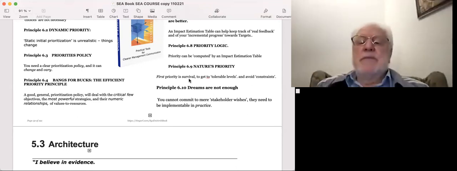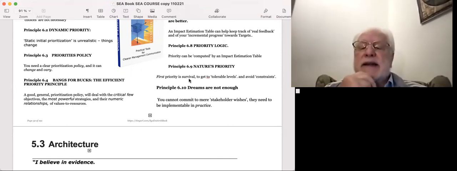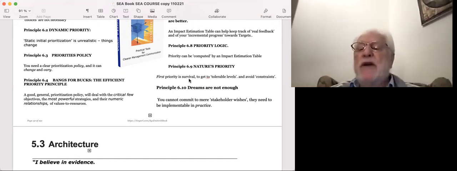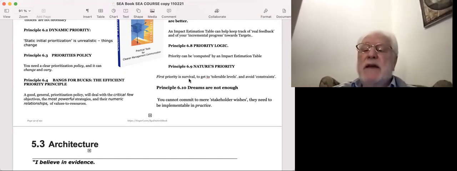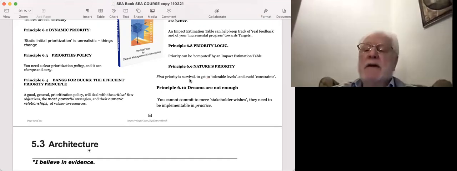Read chapters 10 and 11 of the book here. Now, once all critical values are in survival mode, we can prioritize to start moving towards the targets. These are the success levels. We call them a goal, okay?